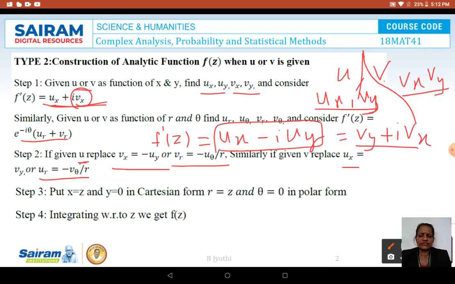Once you do this, we will get an expression of f dash of z in terms of x and y. Put x equal to z and y equal to 0 in the Cartesian form. If it is in the polar form, put r equal to z and theta equal to 0. Next, we will integrate that with respect to z in order to obtain the required function, that is f of z.